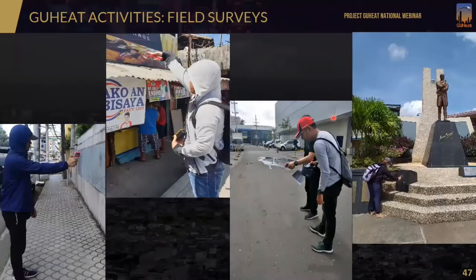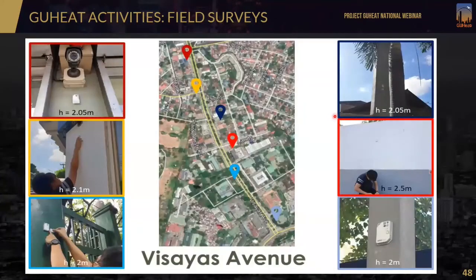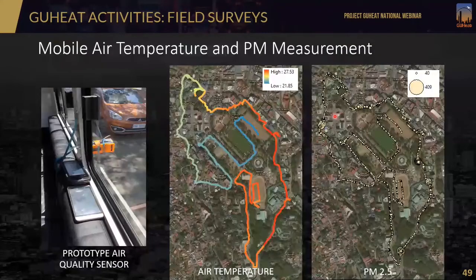Of course, we have conducted various field surveys. We collected temperature readings of different materials. We have installed air temperature sensors to continuously monitor the air temperature in different areas in order to provide data and validation data for our microclimate simulation.